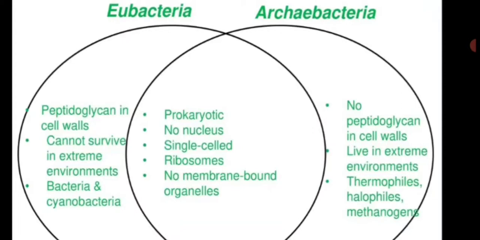As I told you, methanogens are obligate anaerobes, and they produce methane as an end product by combining hydrogen with carbon. Methanogens means the bacteria which can produce methane. So that was the comparison between the Eubacteria and the Archaebacteria.